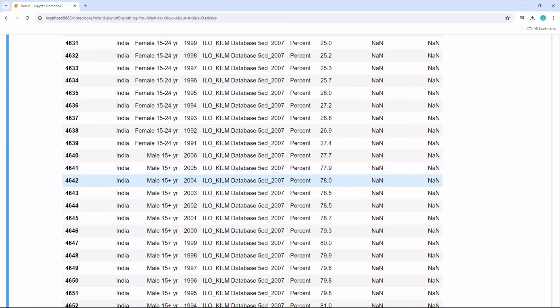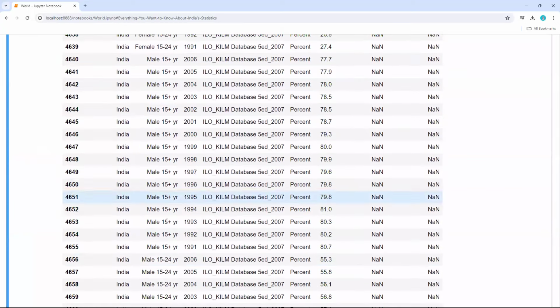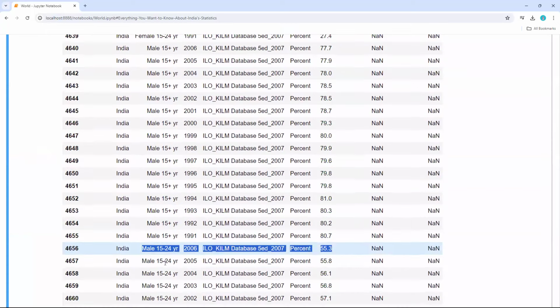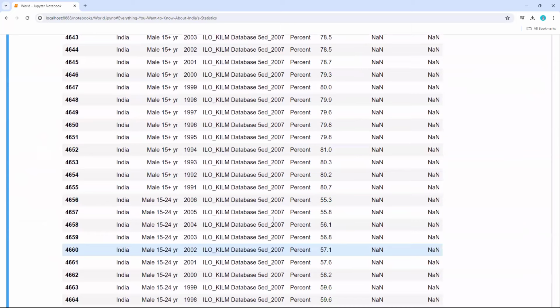We don't have to worry much about the 15 plus group, but we need to worry about the 15 to 25 people, because after they complete their graduation, they look for jobs. So the unemployment rate in 2006 is like 55%, which is very high.